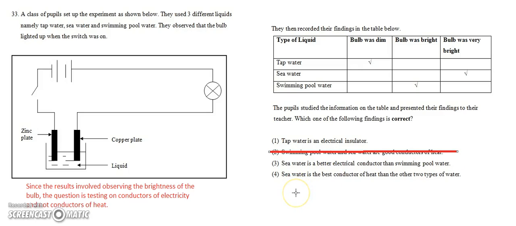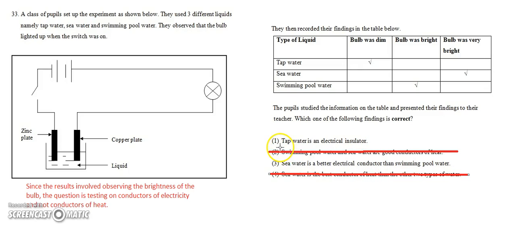We can also exclude option 4. Seawater is the best conductor of heat. Again, the question is not testing us on conductors of heat, so we can eliminate option 4. That leaves us with 2 options.